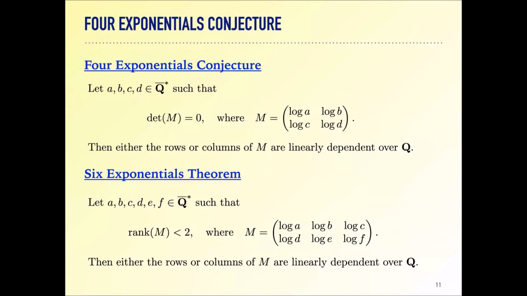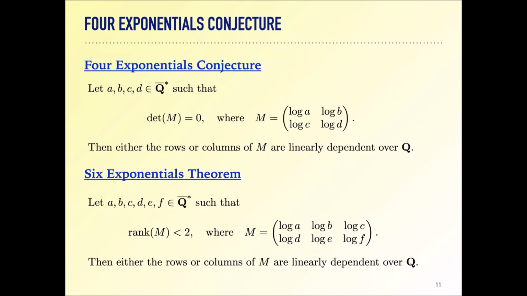Okay, so let me just start with the simplest case of what I'm interested in, which is the 4 exponentials conjecture. And I find it wild this is still open. It's a big open problem in transcendence theory. So suppose we have 4 algebraic numbers such that when I arrange the logarithms in a 2x2 matrix and I take the determinant, it vanishes. Okay, so this is a sort of a quadratic form in logarithms rather than a linear form.